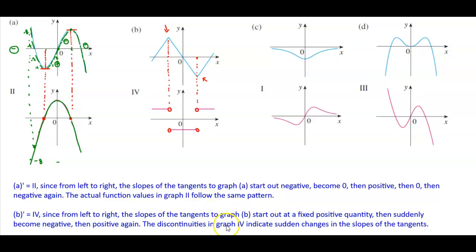So the discontinuities in the graph of 4 indicate the sudden changes in the slopes of the tangents. So again, here is a fixed quantity, and then it drops. Okay, and then we have our fixed quantity here, and then it starts increasing again.